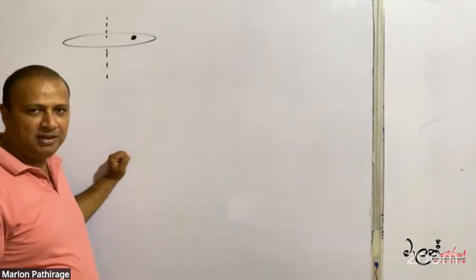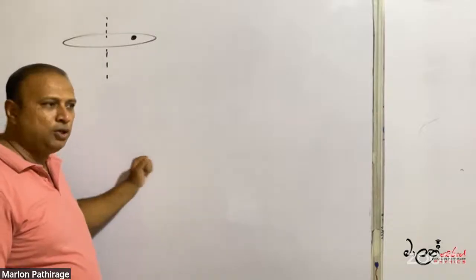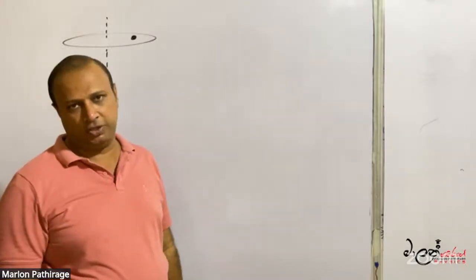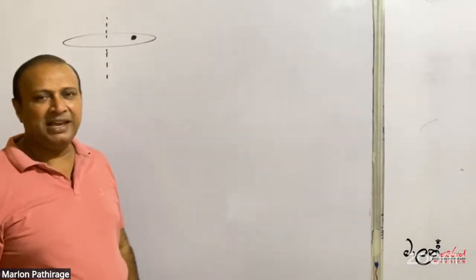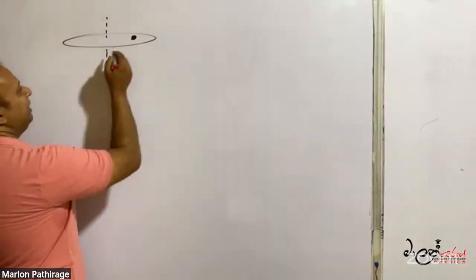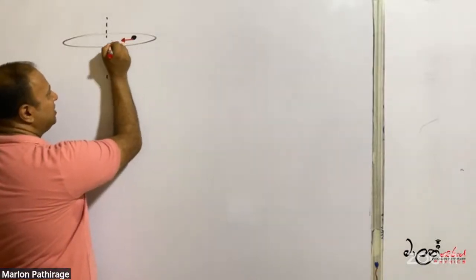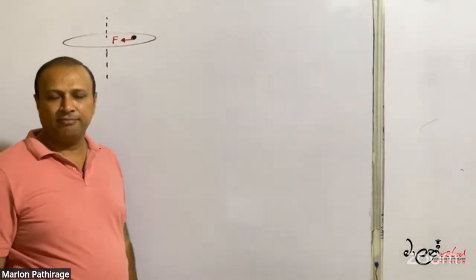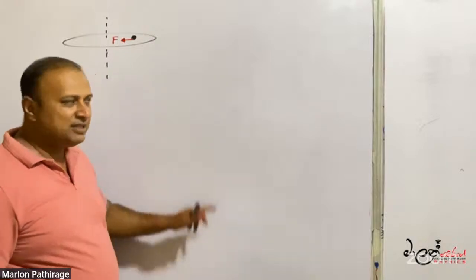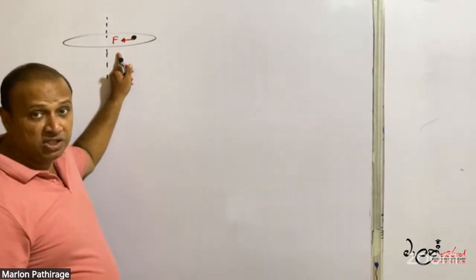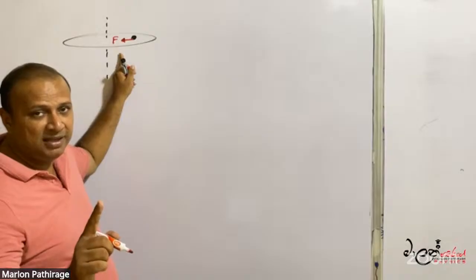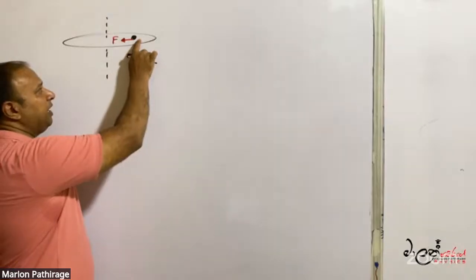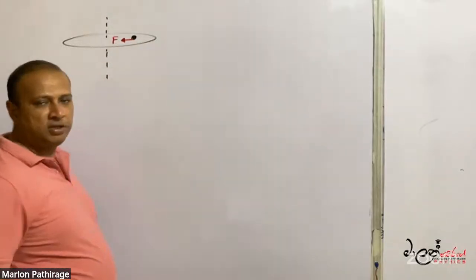Therefore, definitely there will be a friction force in the opposite direction of that attempted motion. So there is a friction force towards the center of the circle. This friction force provides the required centripetal force to rotate this object.